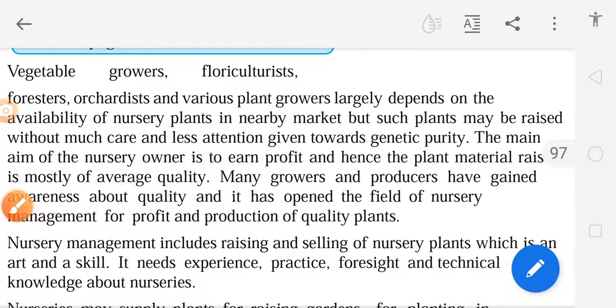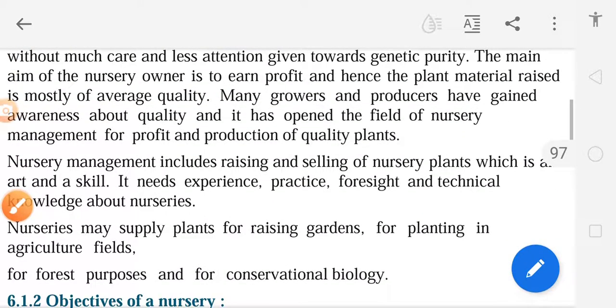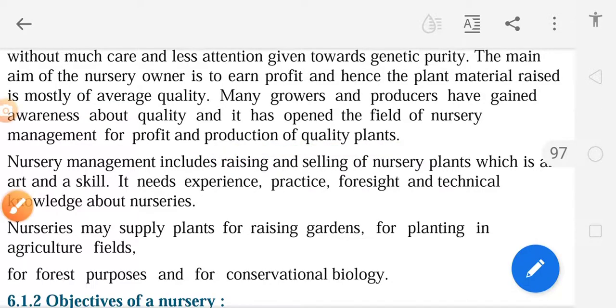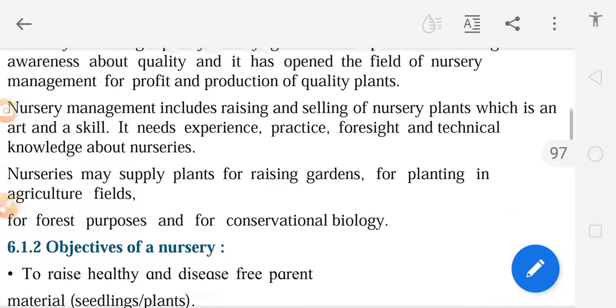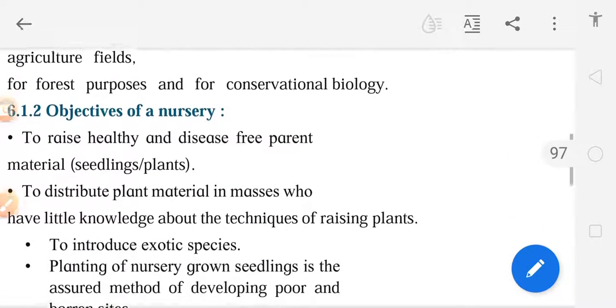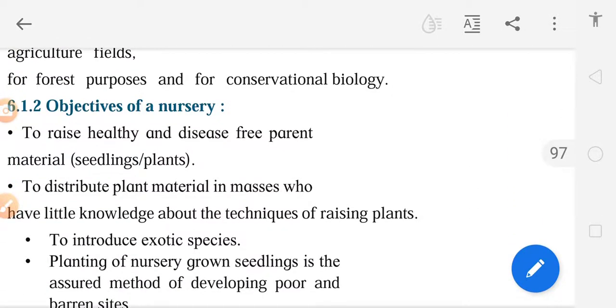So in this case of nursery, the production of good quality plants is important. Now there are different kinds of skills and arts we have to use for growing plants in the nursery and raising gardens. So let us go to the objectives of nursery.